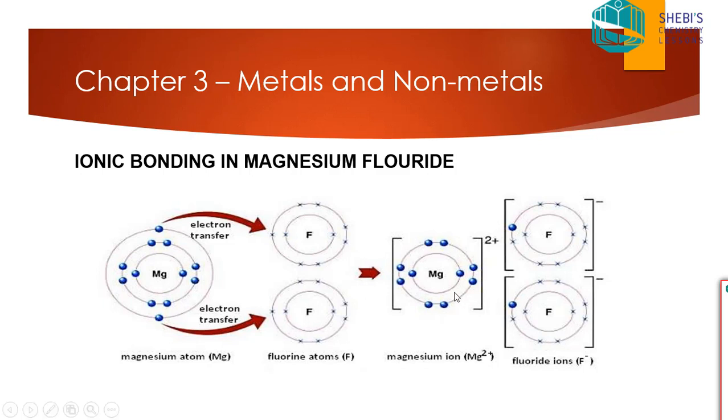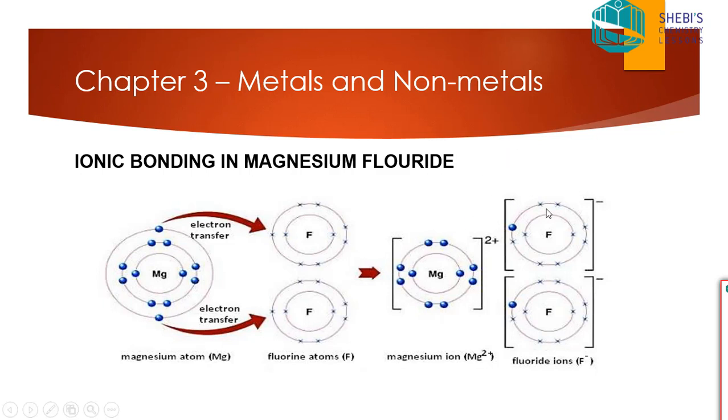So here is the resultant diagram. After losing 2 electrons, magnesium got an octet. Now only 2 shells are there, and the last shell is full. Magnesium after losing 2 electrons became a 2 positively charged ion. When electrons are lost from an atom, they form positive ions, right? Here 2 electrons are lost, therefore magnesium became 2 plus.